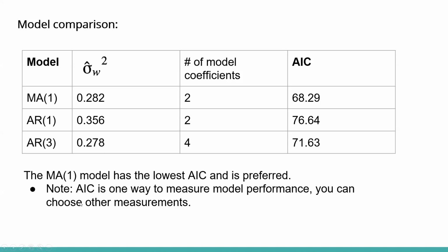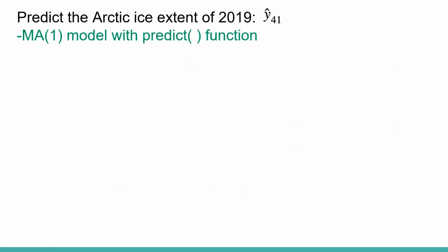You can choose other measurements as well, but most statisticians believe that the AIC, in one way or the other, is superior when you are talking about model performance. I'm going to tell you there's a difference between model performance and prediction performance, the predicting ability of a model. You're still going to learn about that, but right now I'm talking about model performance.